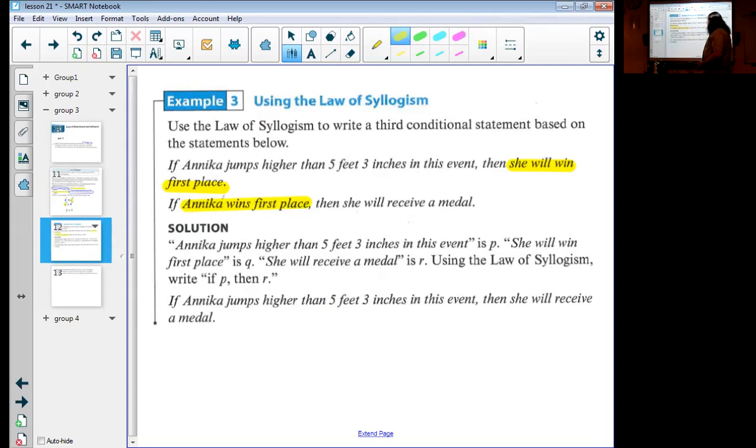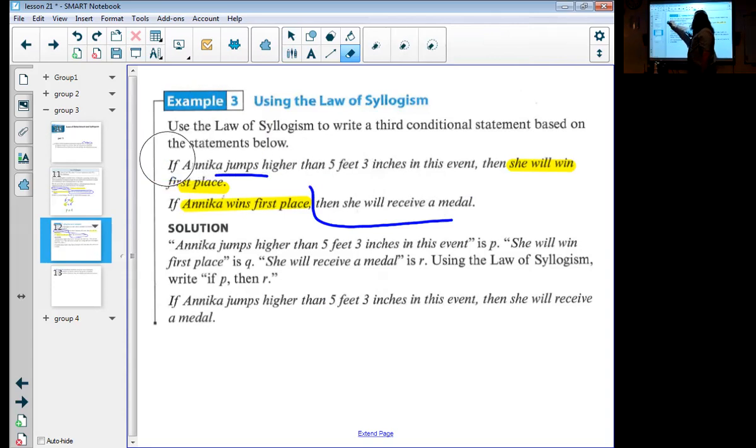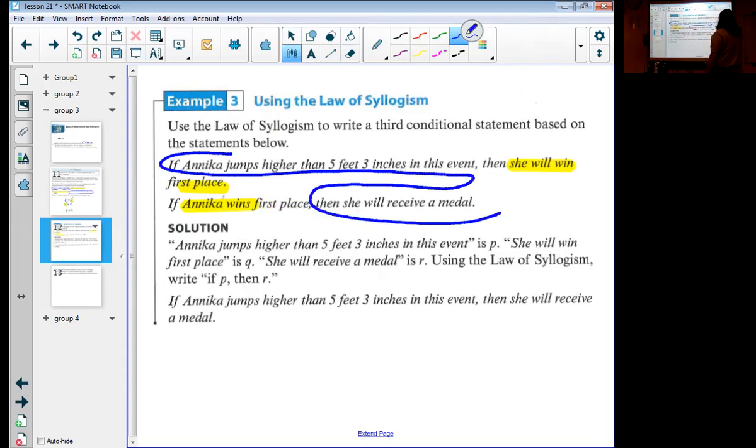So if those two things are the same, then we can just cut them out. And our new statement is, if Anika jumps higher than 5 inches, oops, I did the wrong then. If Anika jumps higher than 5 foot 3 inches in this event, then she will receive a medal.